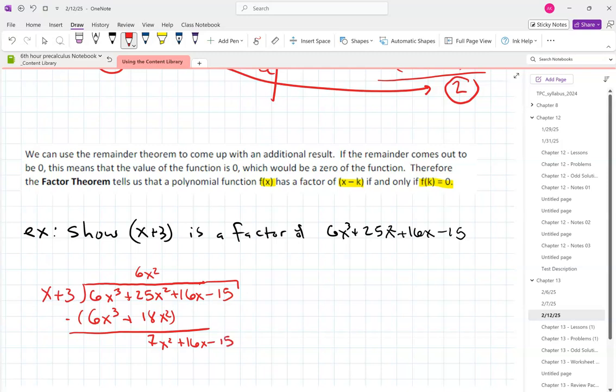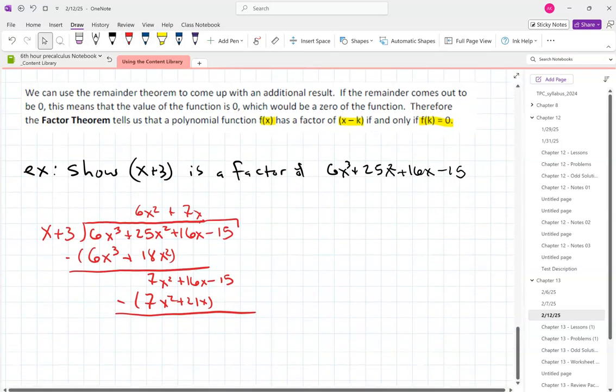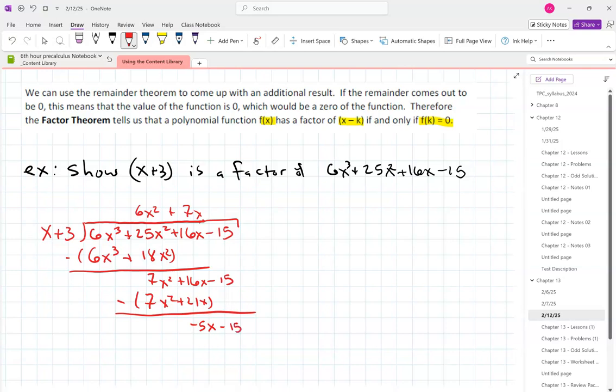And then what times x gives me 7x squared? Well, that's 7x. And then I subtract down. And then what times x gives me negative 5x? Well, that's negative 5.